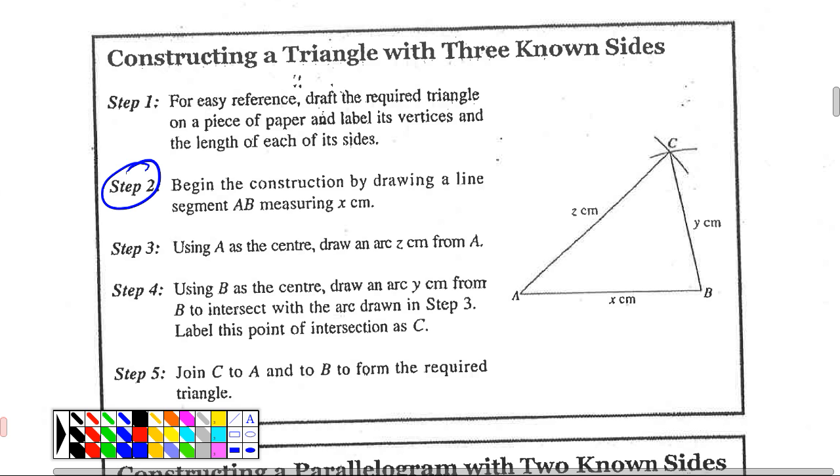What I want you to do first is draw a line AB. Draw a line longer than is required. How long is AB? 4.2. You measure, is it 4.2?